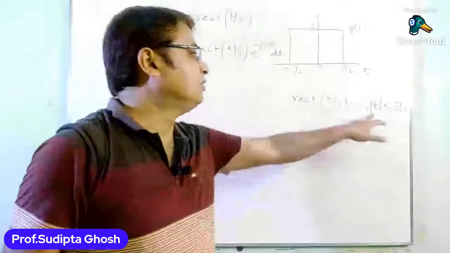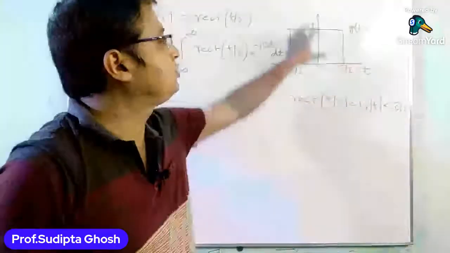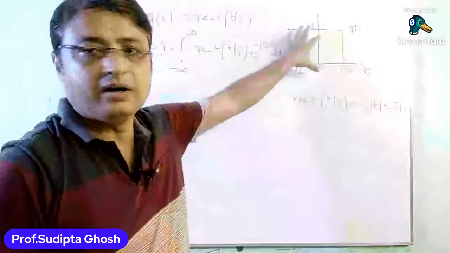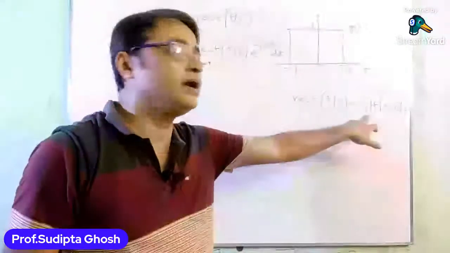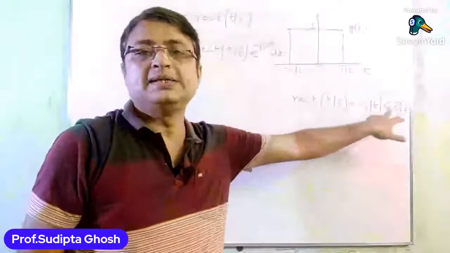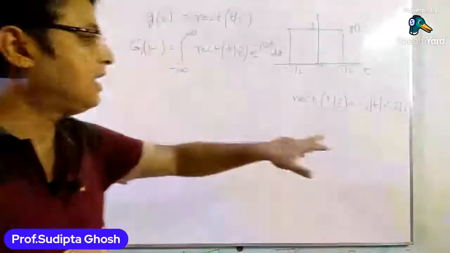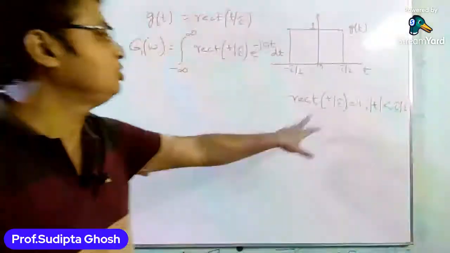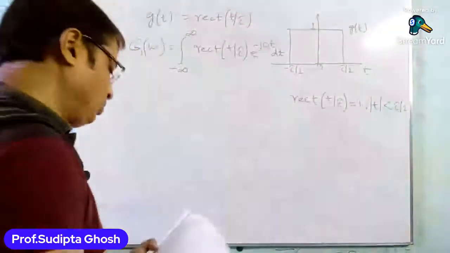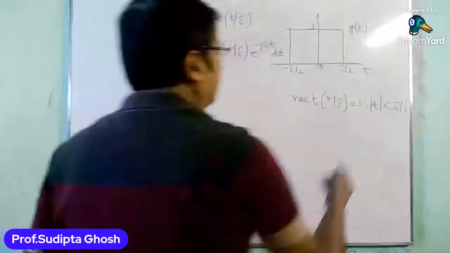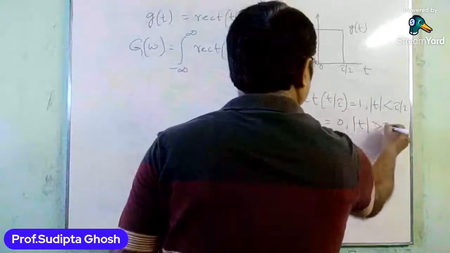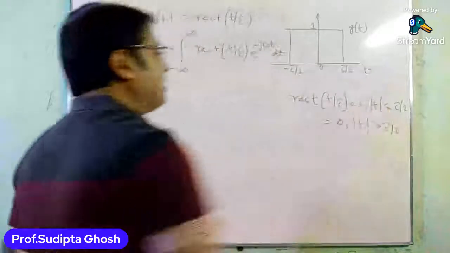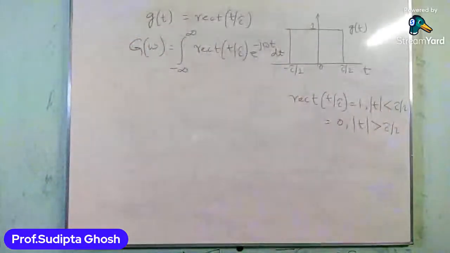When the time value mod of t is less than τ/2, the functional value is 1. So rect(t/τ) equals 1 for mod t less than τ/2, and the value is 0 for mod of t greater than τ/2. Beyond τ/2 on either side, the function vanishes.